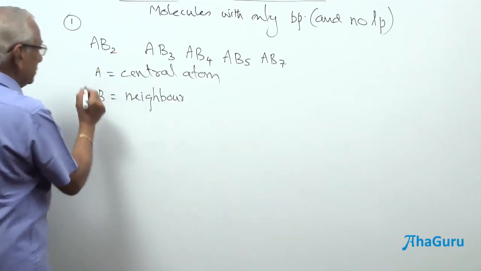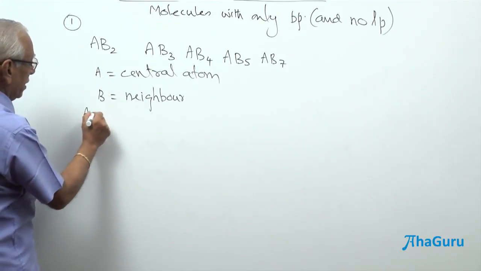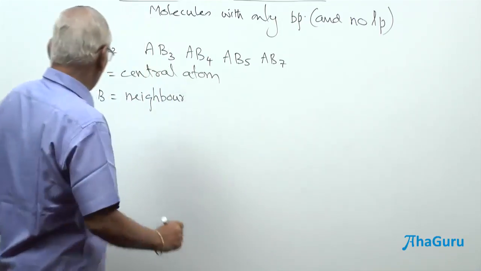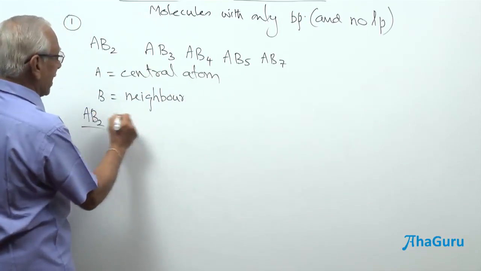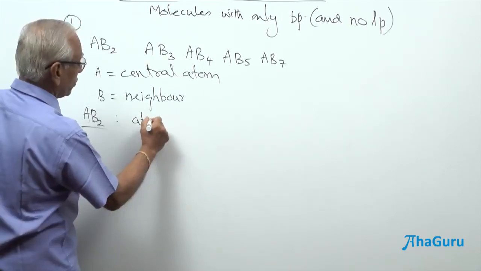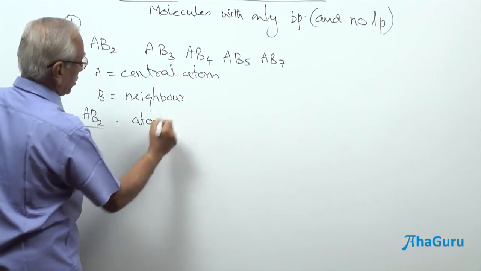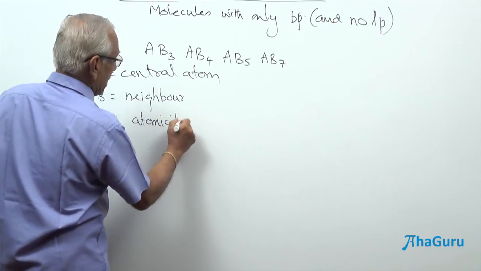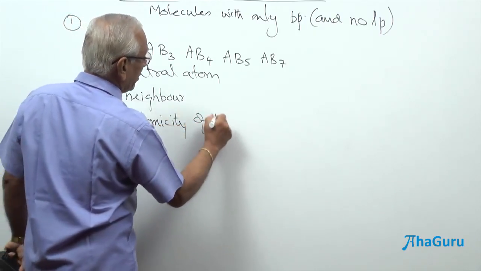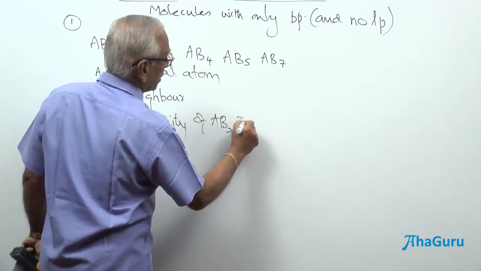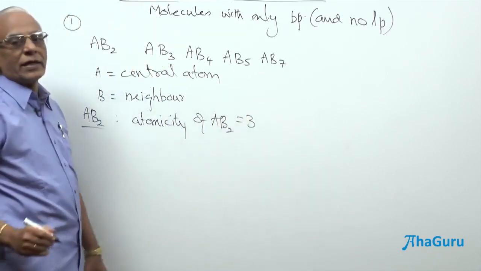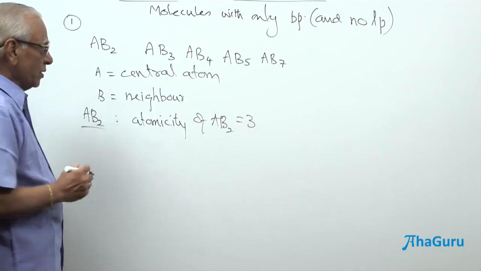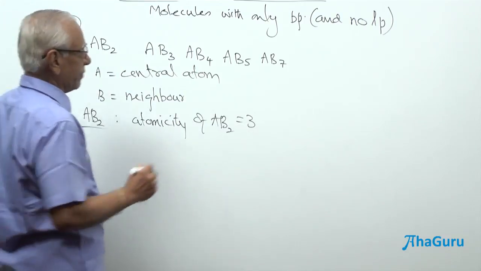Now, let us take AB2 molecule. Totally there are 3 atoms. Therefore, another additional question could be atomicity of AB2 is equal to 3, total number of atoms. Atomicity is nothing but the number of atoms present in a molecule. So, my dear students, we shall take up AB2.